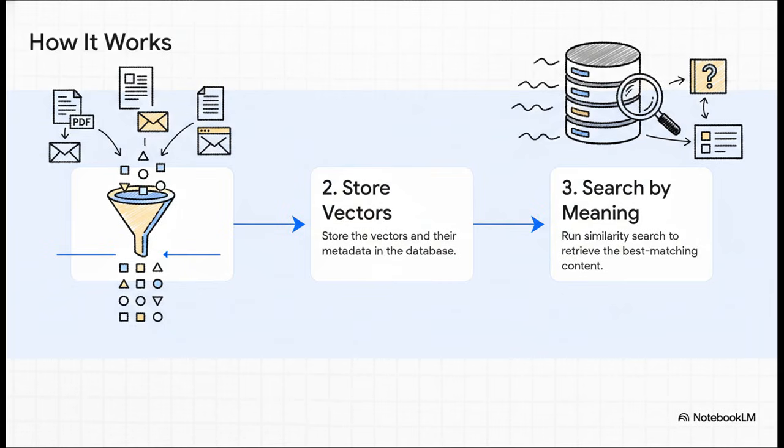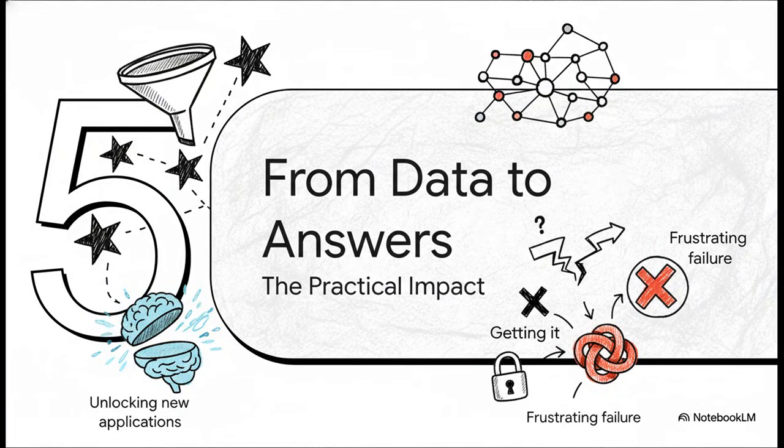Second, you just store all of these vectors in the database. And third, when a user asks a question, you convert their question into a vector too. Then you just ask the database to find the vectors that are mathematically closest to the user's question. That whole process, finding relevant info to help the AI generate a better answer, that's the R in RAG, Retrieval Augmented Generation.